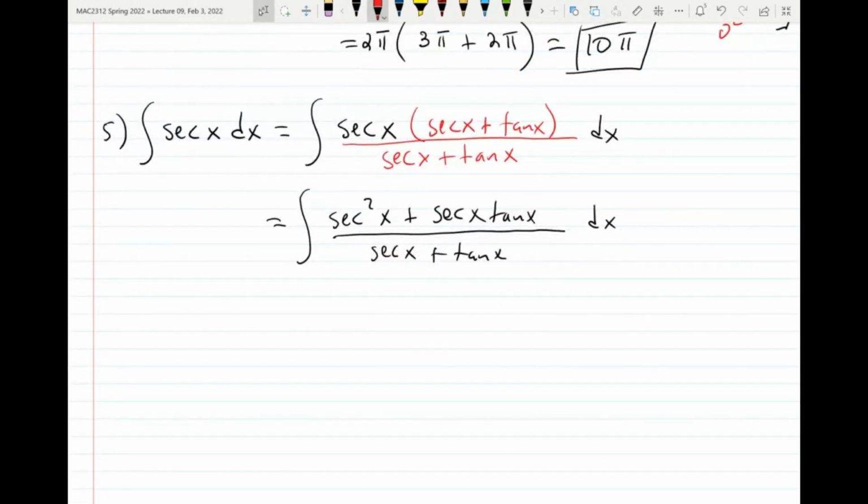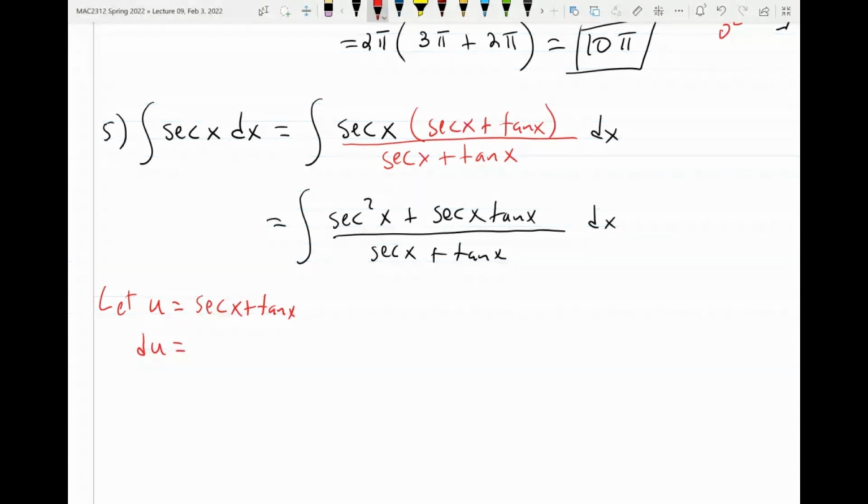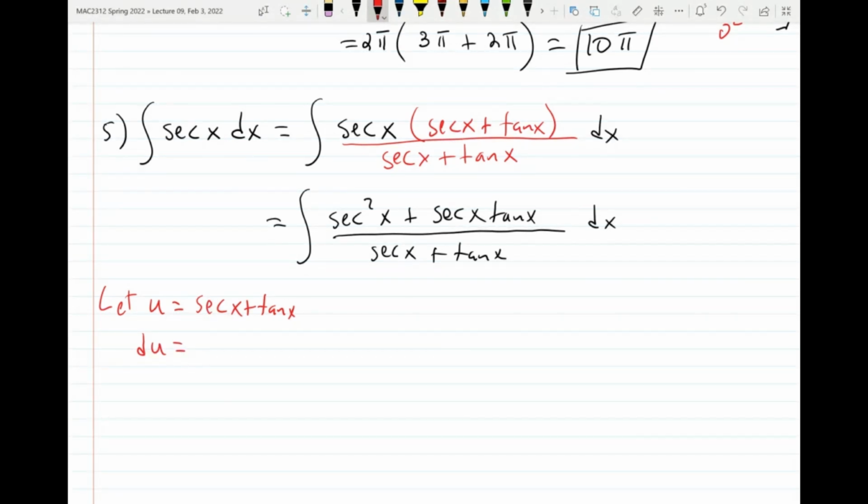Okay, now let's do the following. I'm going to make a substitution. Let u be secant plus tangent. What's the derivative of that? What's the derivative of secant? Secant tangent.